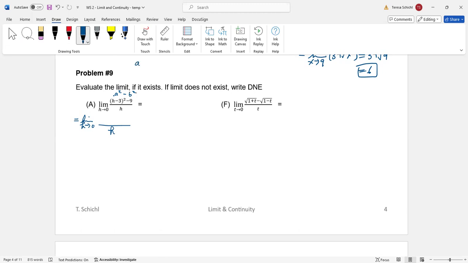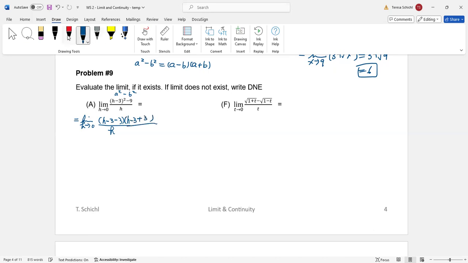Remember, this is probably one of the most important factoring formulas in calculus: a squared minus b squared is a minus b times a plus b. So it's h minus 3 minus 3, times h minus 3 plus 3.